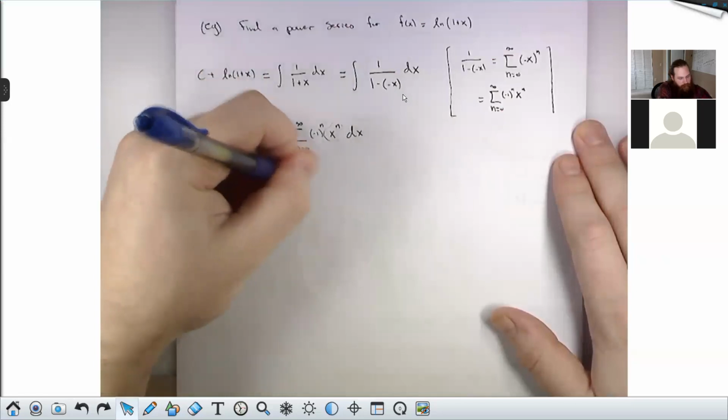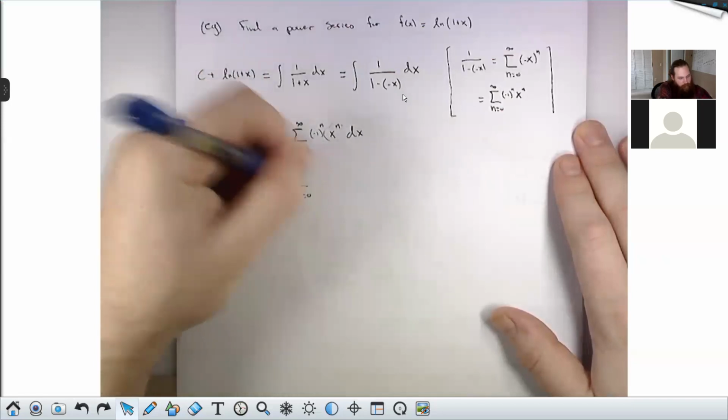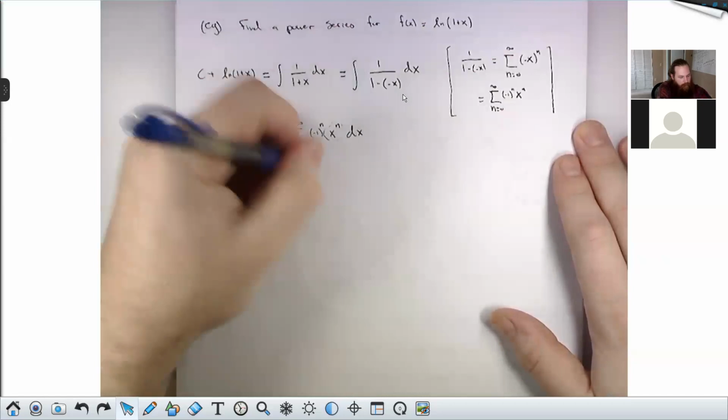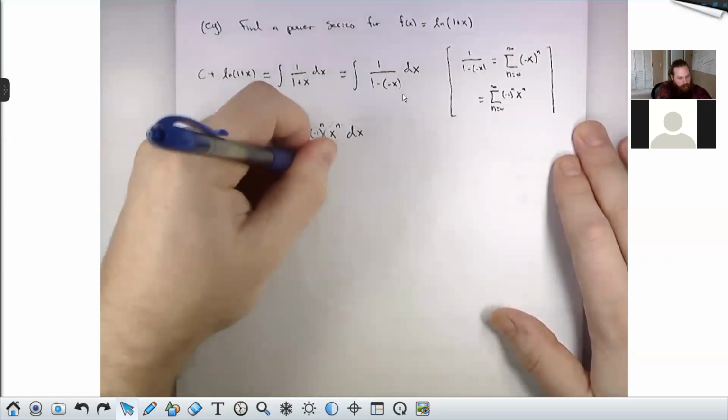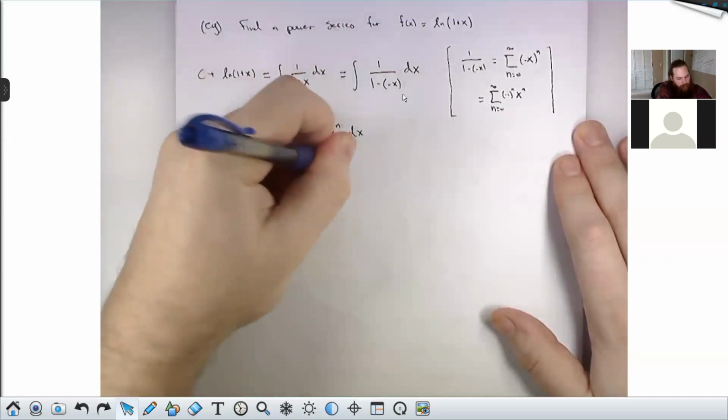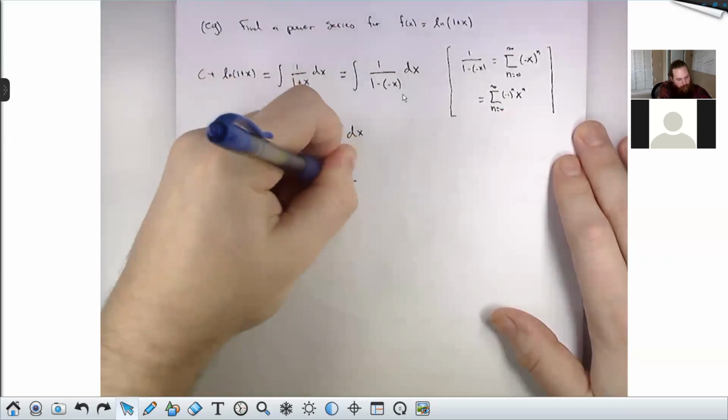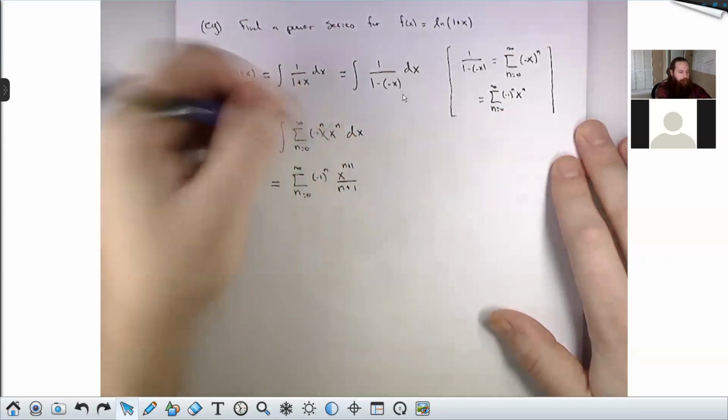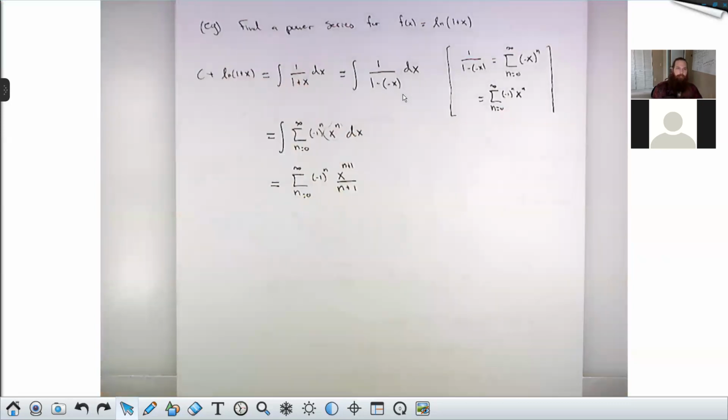So this is sigma n from 0 to infinity negative 1 to the n times x to the n plus 1 over n plus 1. I've already got my plus c over here from the indefinite integral. So I don't need another plus c here. I've put my plus c on this side at the start.